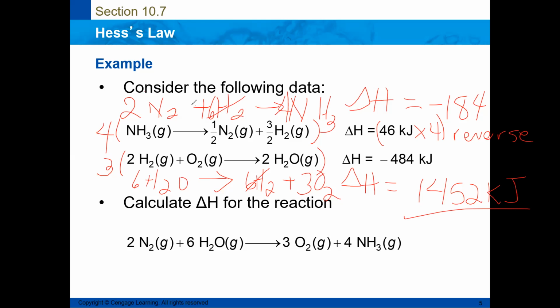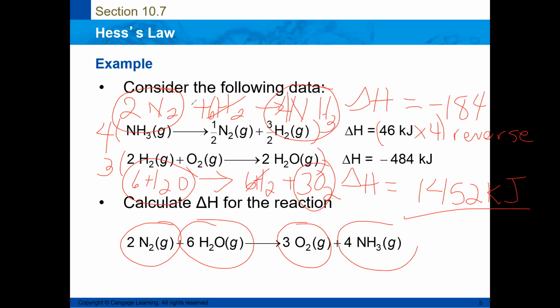Okay, so we need to keep the N2 on this side, right? See, that's right here. And we also keep the 6H2, which is also right here. And then on the other side, we get to keep the 3O2 and the 4NH3. That's all we keep. And there you go. Now you have the whole thing.